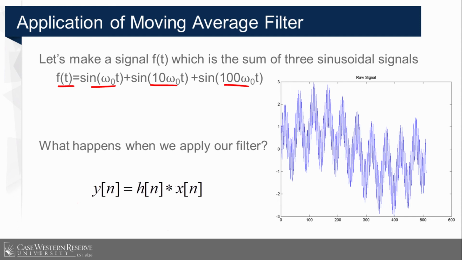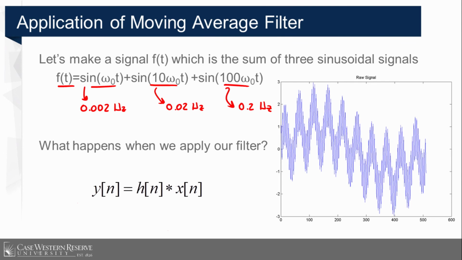All right, so if we calculate what the frequencies of each of these sinusoids are in hertz, we see that this component would correspond to 0.002 hertz, this component here to 0.02 hertz, and this component here to 0.2 hertz.